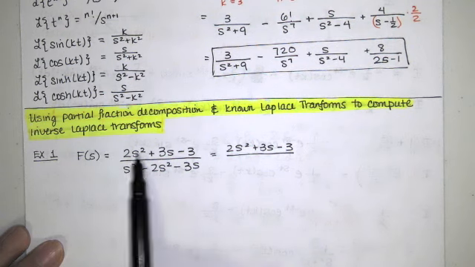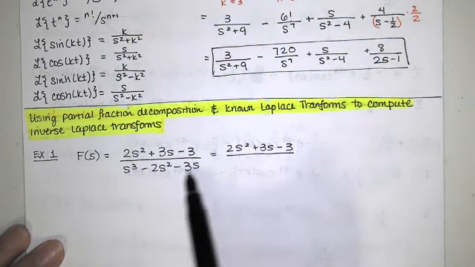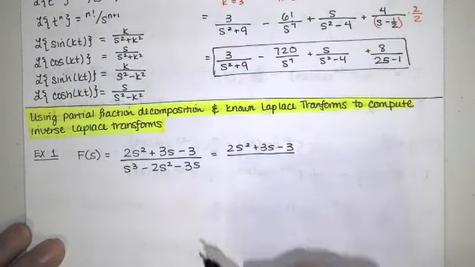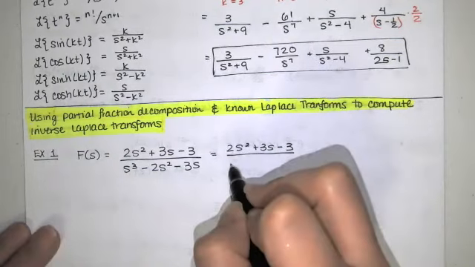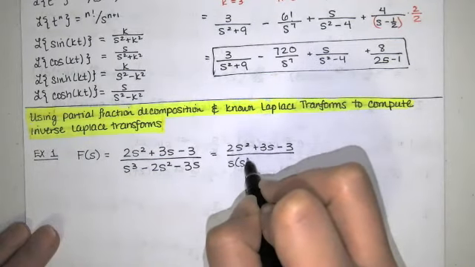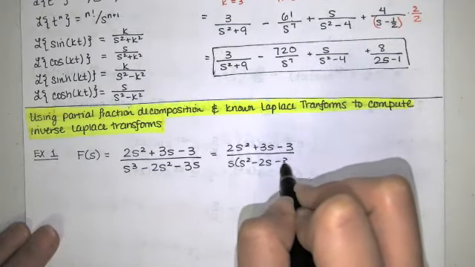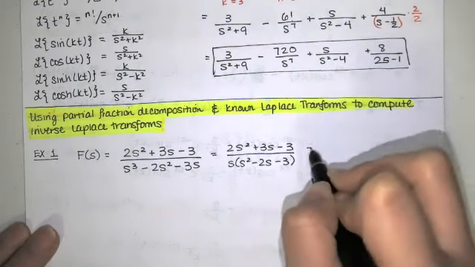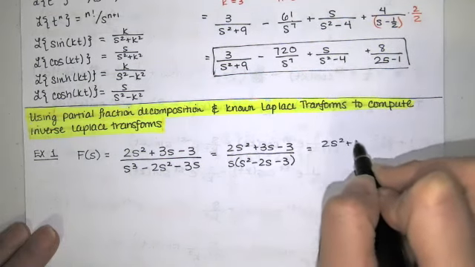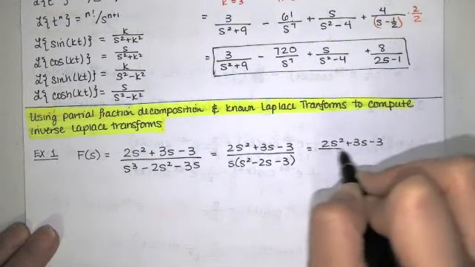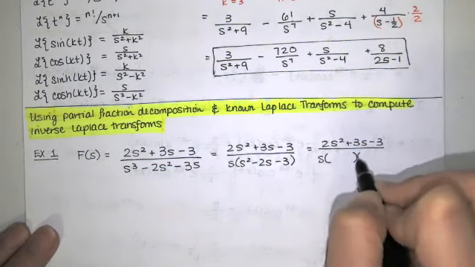Okay, so you've got a numerator that looks like this, and I have this expression down here, and I want to factor it as much as possible so that I can do partial fraction decomposition. So I would factor out an s first, and then I'm left with s squared minus 2s minus 3. And this factors further to this expression.